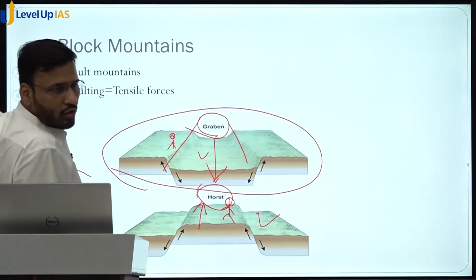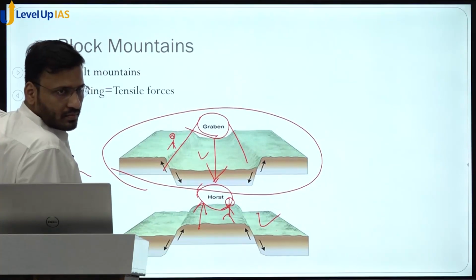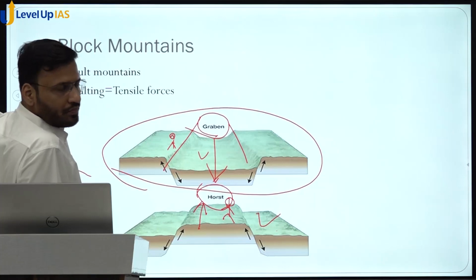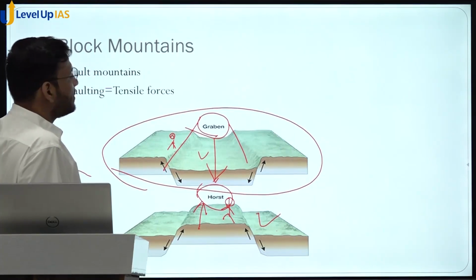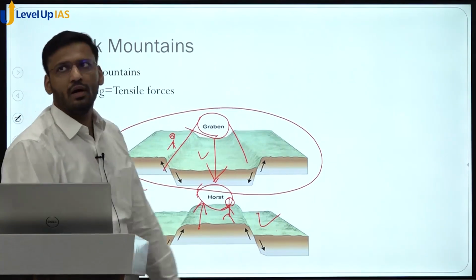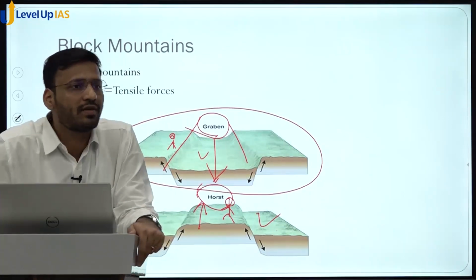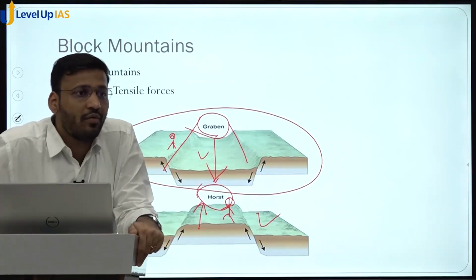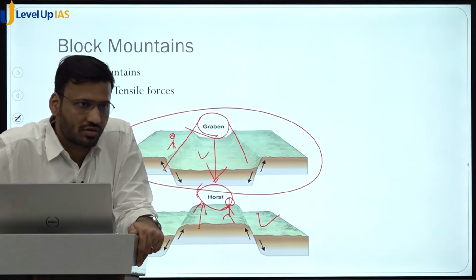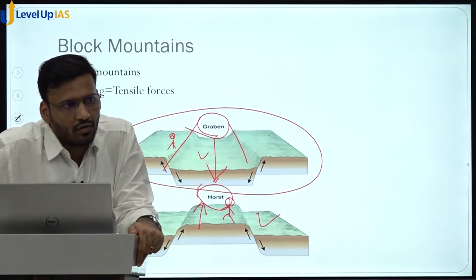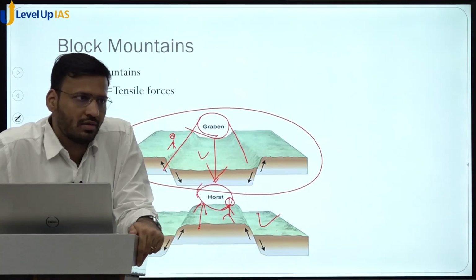If the forces are very strong, they can form very immediately. So horst and graben is an example. For example, the Great Rift Valley is an example of a graben, and the Western Ghats are an example of a horst. So the Western Ghats are a fault mountain. It is a horst.